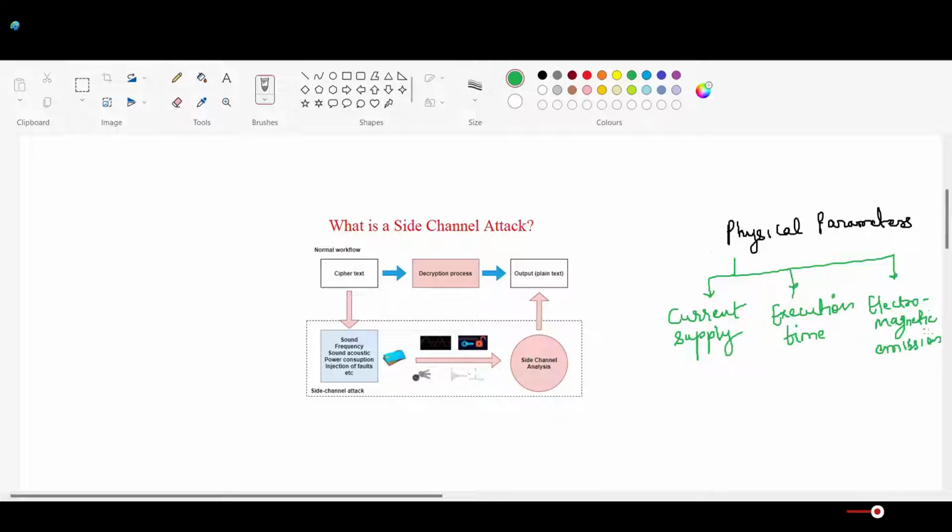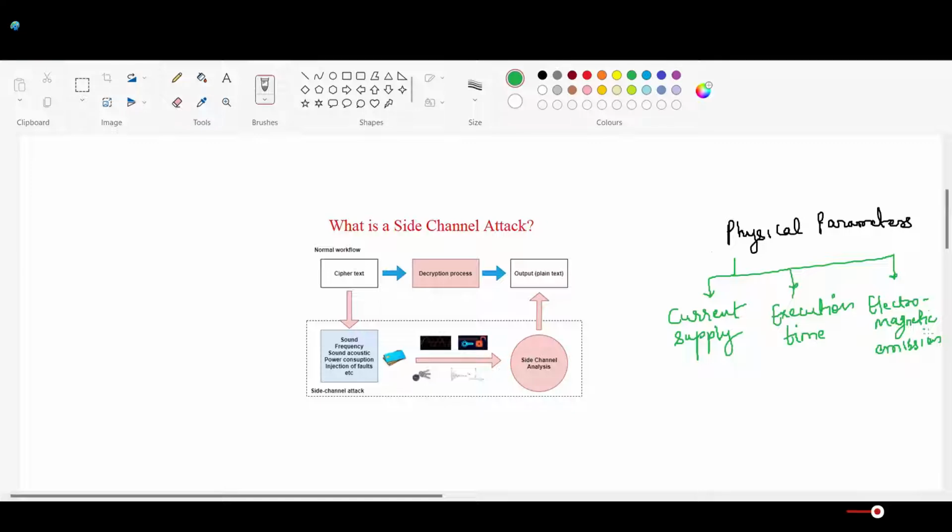These are a few physical parameters which we can analyze and measure. Now this attack poses a serious threat to the modules present in our system whose prime function is to integrate the cryptographic system.